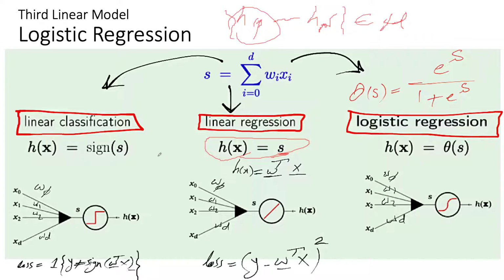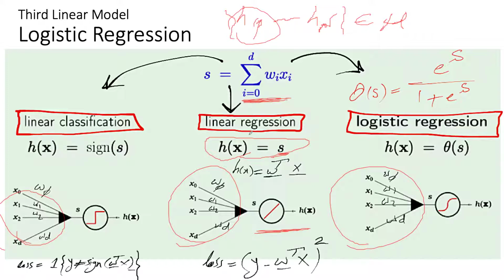It's as if you input your data, and then how are you going to output that? Are you going to apply a sign? Are you going to just output it in a linear way? Or are you going to apply a theta of S? Later on, you're going to see in neural networks that we call this process activation.